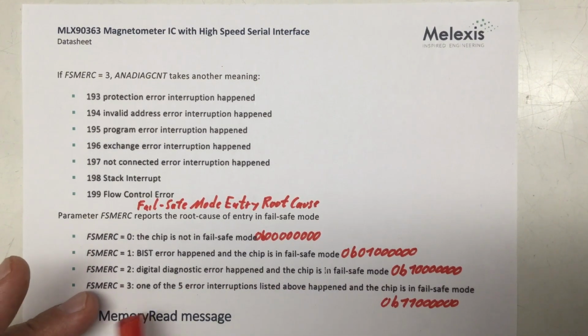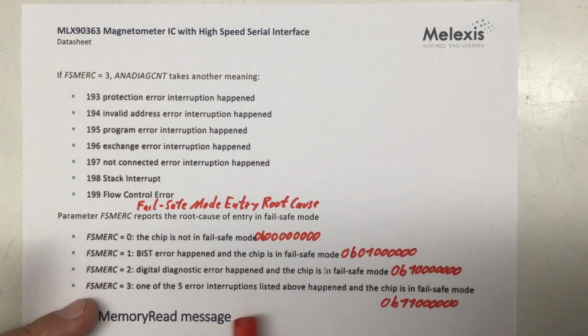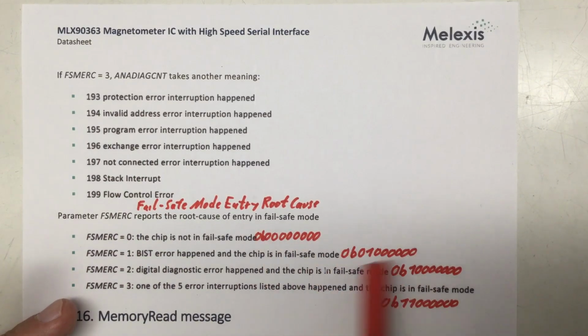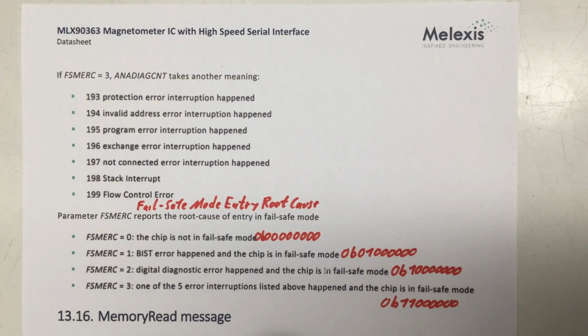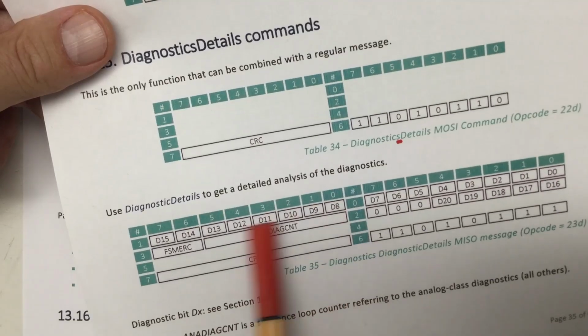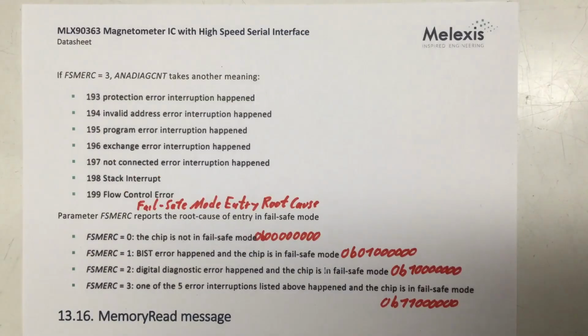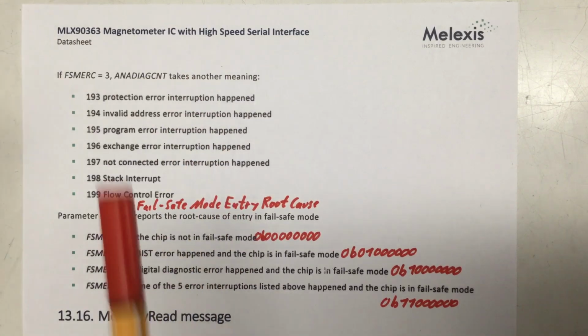And 3, one of the 5 error interruptions listed above happened and the chip is in failsafe mode. We'll have a look at those in a second. Anyway, I've here written also down the bit patterns when we consider FSMerc as just the 2 most significant bits in this byte here. So, the error interruptions mentioned above.